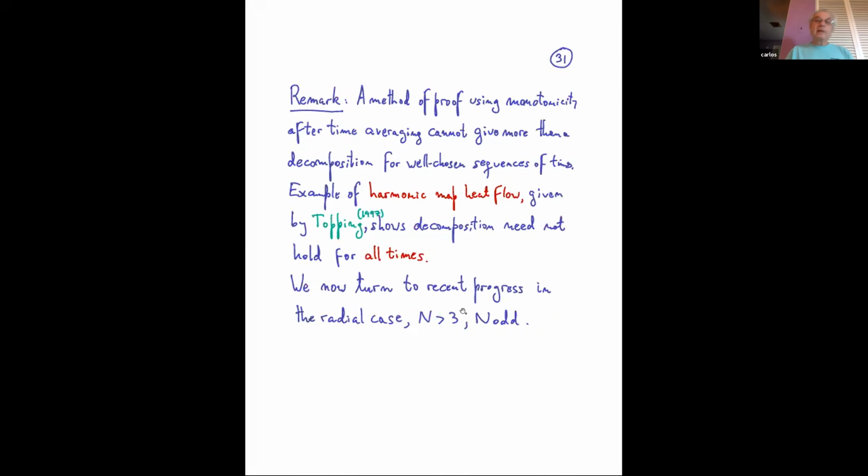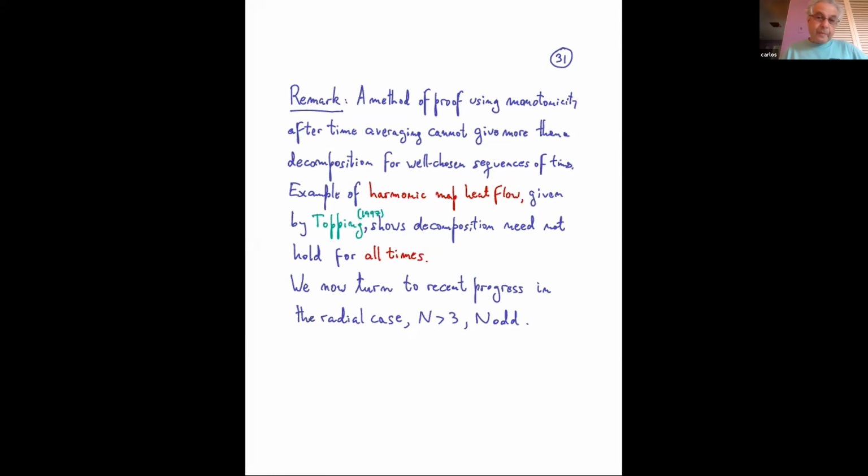Okay, so let me just point out that the method of proof using monotonicity after time averaging, like in the last two theorems, cannot give more than a decomposition for well-chosen sequences of times. The example of the harmonic map heat flow given by Topping in 1997 shows this, where you get the decomposition and it's not the same for all sequences of times.